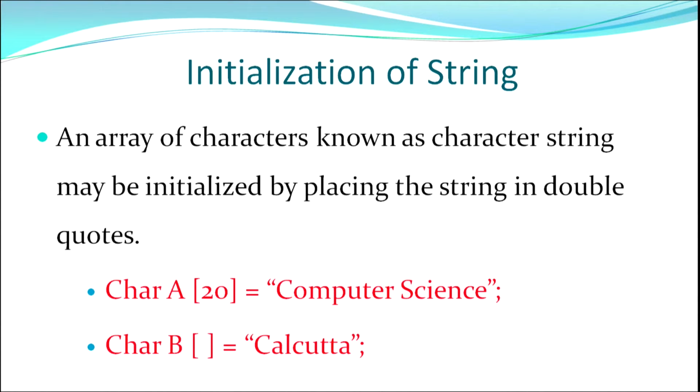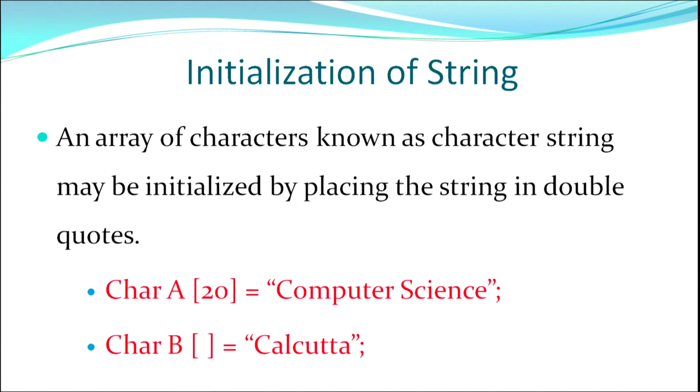The word computer science that you see on this slide is enclosed in double quotes, and the size of the array A is 20. In the second example, as we did in number arrays, I am not specifying the size of the array, but I am initializing it during declaration. So, the size of the array is taken automatically by the compiler by counting the number of elements present in the array.